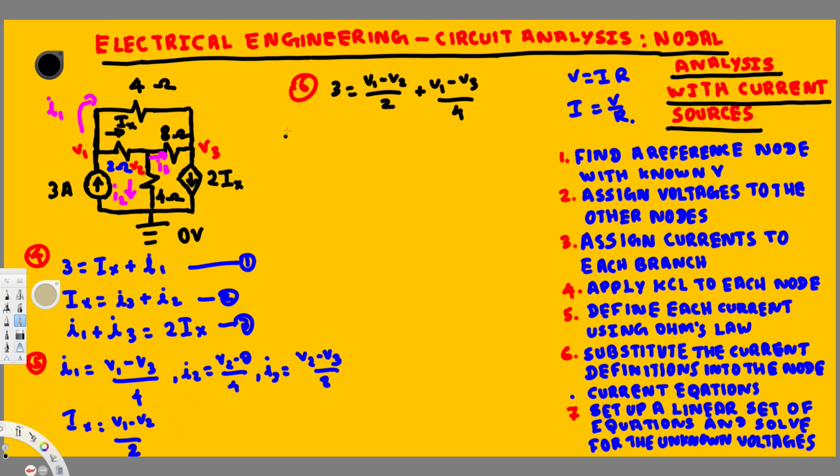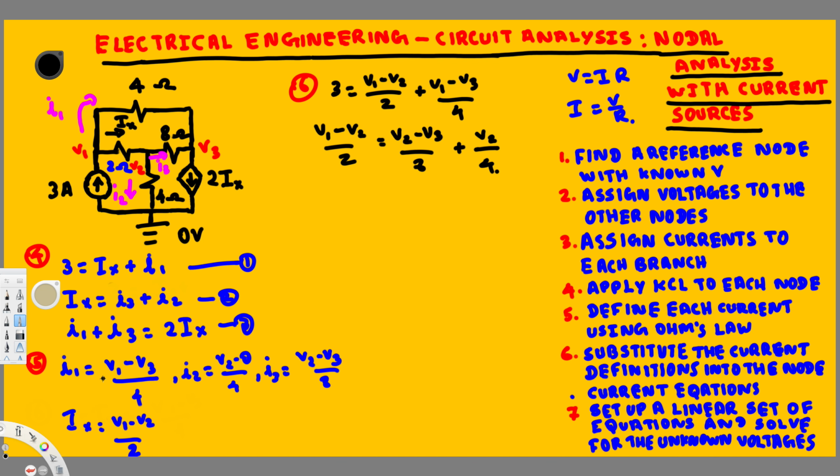The second equation is Ix is equal to I3 plus I2. So instead of Ix, I plug this one in: V1 minus V2 over 2 is equal to I3, which is V2 minus V3 over 8, and then I2 is V2 over 4, right? So plus V2 over 4.